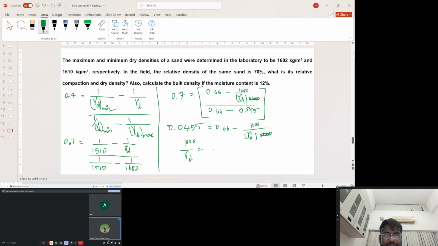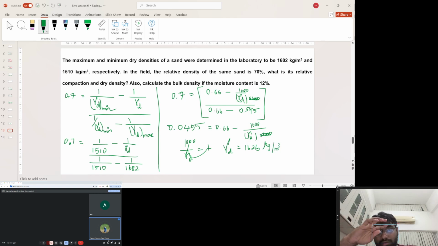Ideally it will be 0.61 divided by 1000. Same, 1 divided by 0.0006. How much are you getting? 1626. So the entire gamma d will be 1626 kilogram per meter cube.